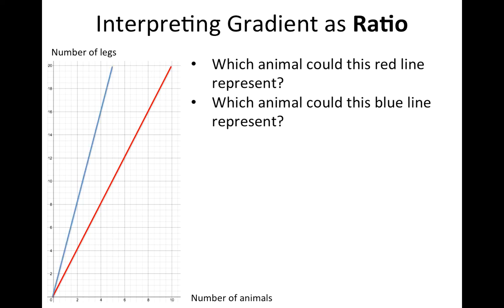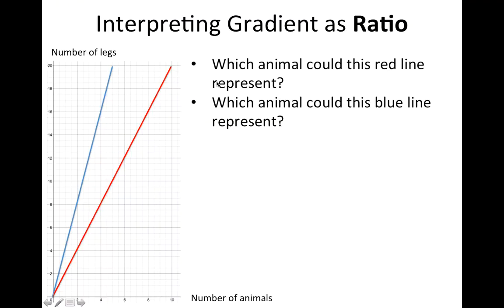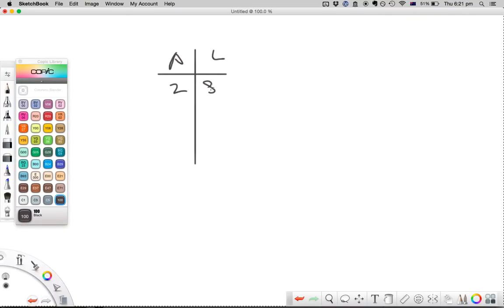So what about this line? Which animal could this blue line represent? Well, again, if we had 2 of them, we'd have 8 legs. If we had 4 of them, we'd have 16 legs. Animals, legs. If we had 2 animals, we'd have 8 legs. If we had 4 animals, we'd have 16 legs.